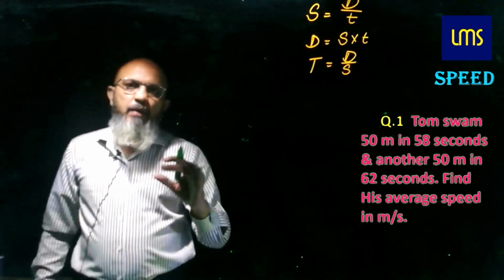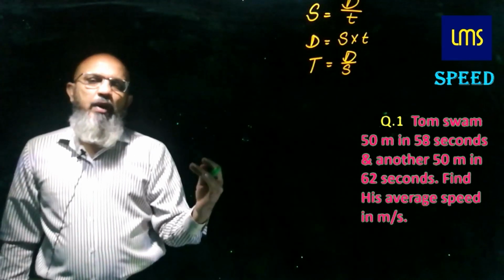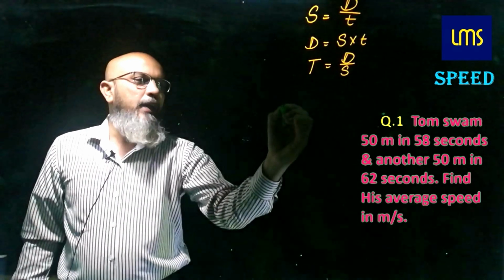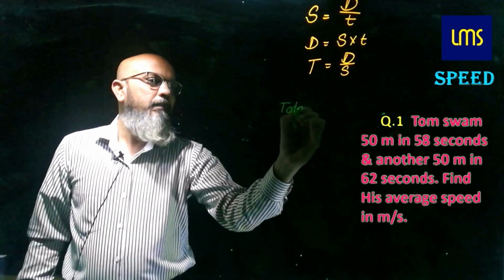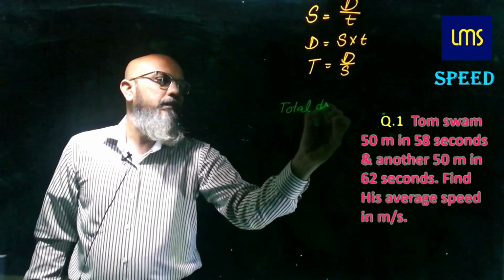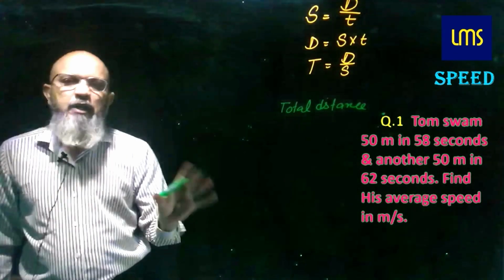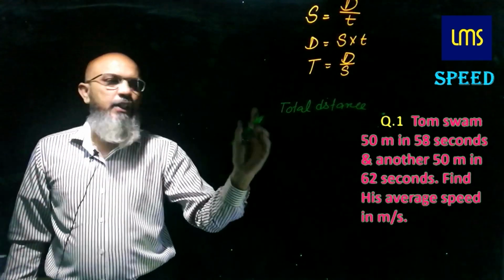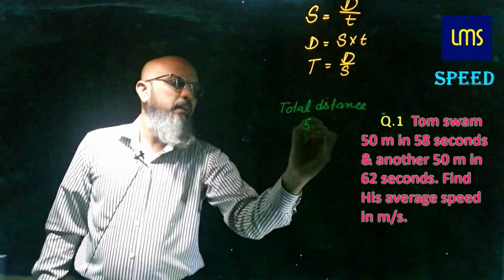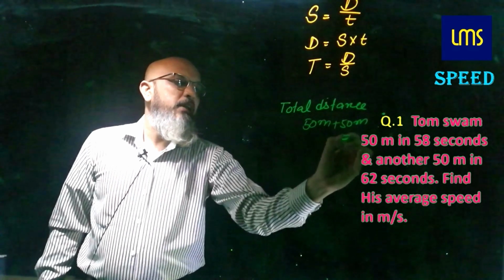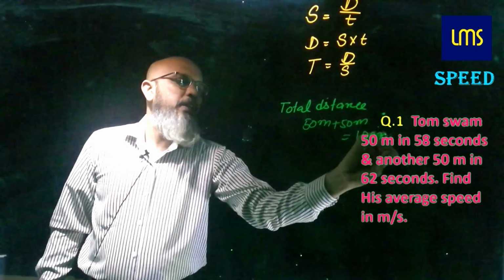First he swam 50 meters, then again he swam 50 meters. So his total distance is 50 plus 50, which is equal to 100 meters.